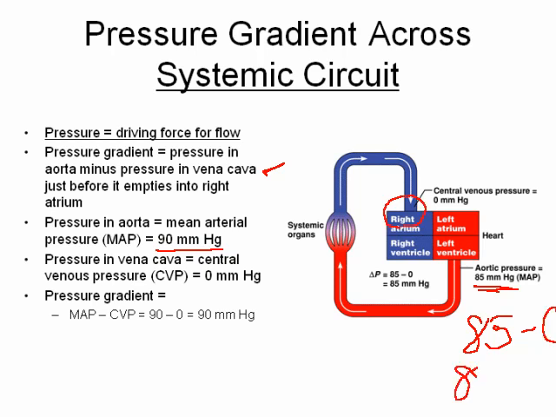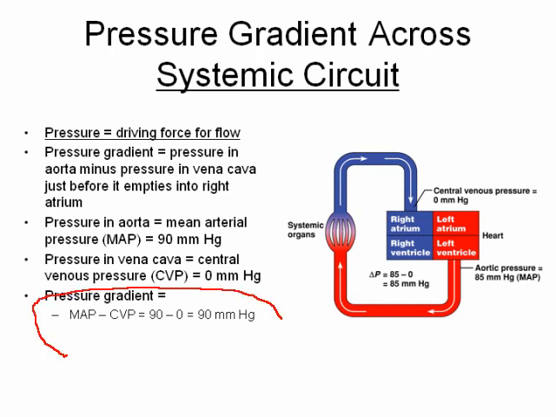So the pressure gradient is 85 millimeters of mercury. If we use the values that I have in this slide, 90 minus 0, we end up with 90, but it's, again, very close to the 85.